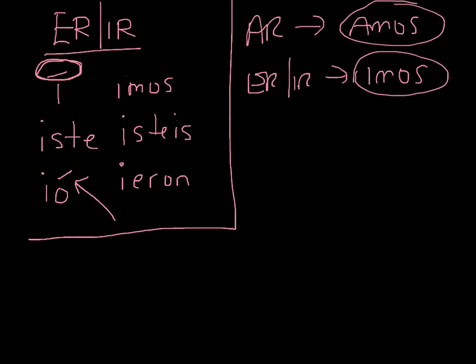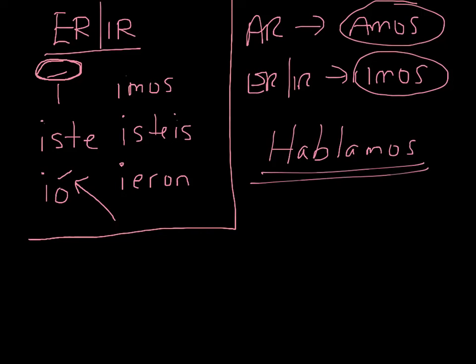So the question becomes, how do you tell the difference between a present tense verb and a preterite tense verb if the endings are the same? For instance, if I was using the verb hablar, whether I was present tense or preterite tense, my conjugation would be hablamos. The answer is that you really have to read the sentences contextually to understand what they're saying.